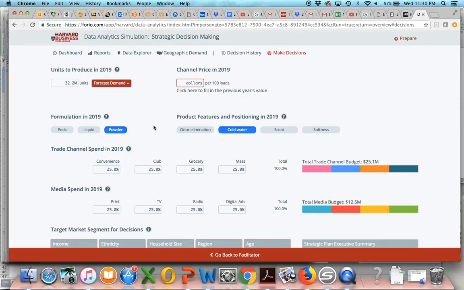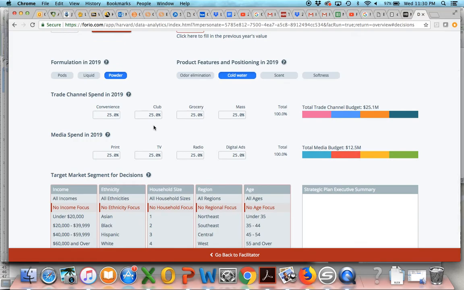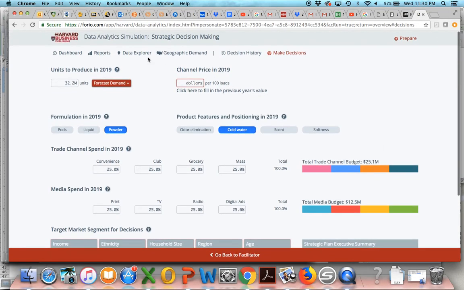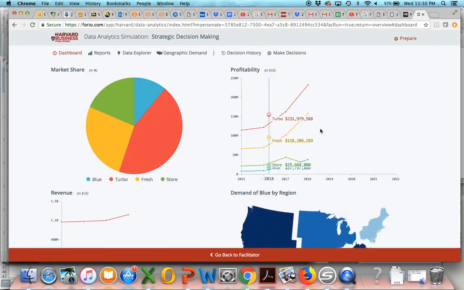So then you come here and make these decisions, press submit decision, and it will bring you back here and say, okay, you went from 37 million in profit to 40, or if you didn't make as good of a decision, you maybe go down to 25 or 20.